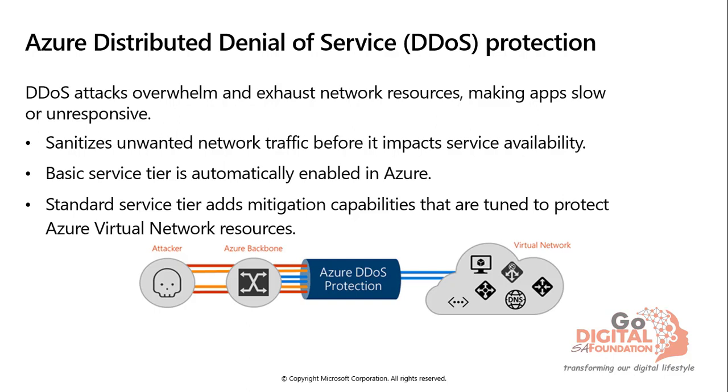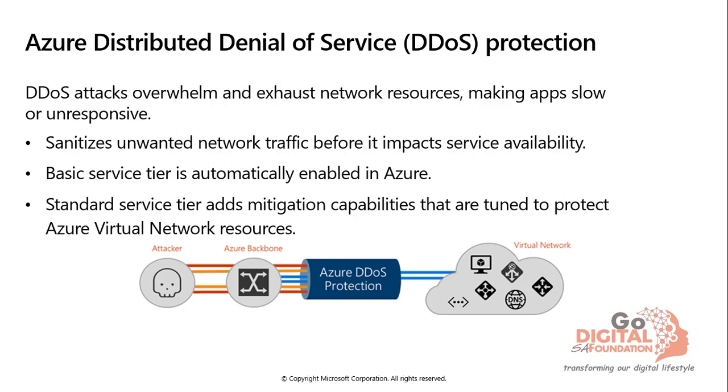So whenever you're using a cloud-based app and you see that it is slow, it's because of the traffic that is pointed directly to the app's services, and that can cause a denial of service. And then what the DDoS protection does is it sanitizes unwanted traffic before it impacts service availability.